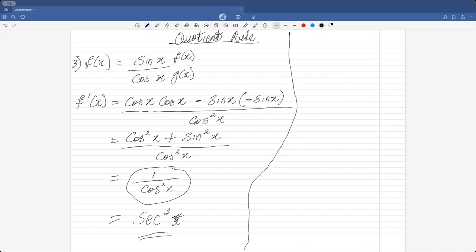Let's say we have the same question that says f(x) equals sine x over cos x. Now, sine x over cos x has its own identity. We can write sine x over cos x as tan x.